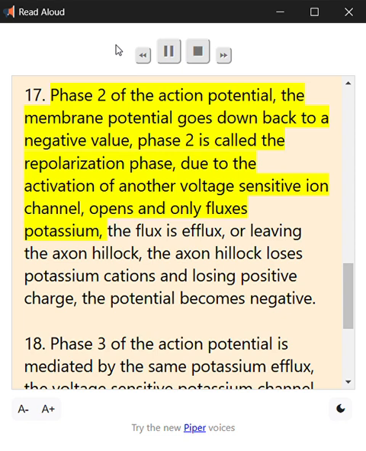In phase 2 of the action potential, the membrane potential goes back down to a negative value. Phase 2 is called the repolarization phase, due to the activation of another voltage-sensitive ion channel that opens and only fluxes potassium. The flux is efflux, or leaving the axon hillock. The axon hillock loses potassium cations, and losing positive charge, the potential becomes negative.